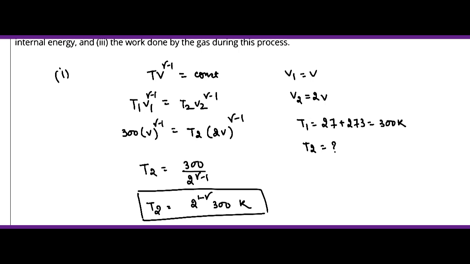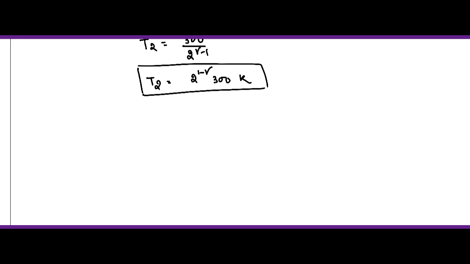Okay, and in the second part they are saying to calculate the change in internal energy. The internal energy change, delta U, is given by the formula n Cv delta T. The gas is monatomic, and for a monatomic gas the value of Cv is 3 by 2 R. Putting the value, delta U equals 3 by 2 n R delta T, where n is the number of moles and delta T is the temperature difference.